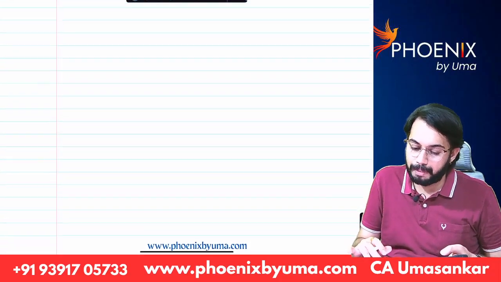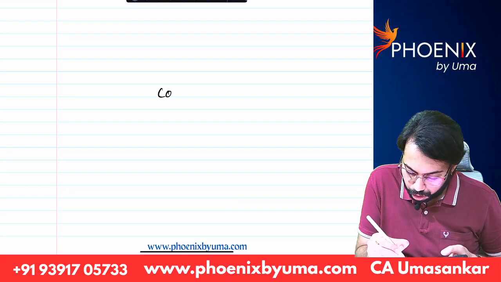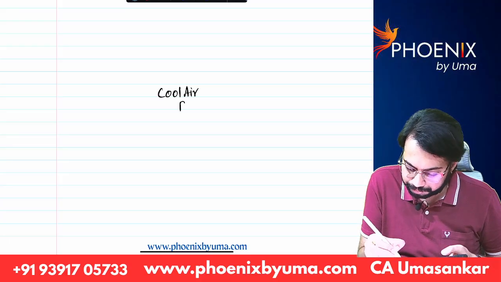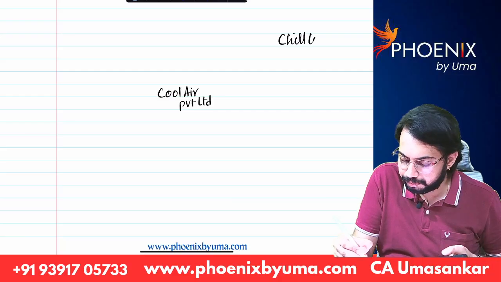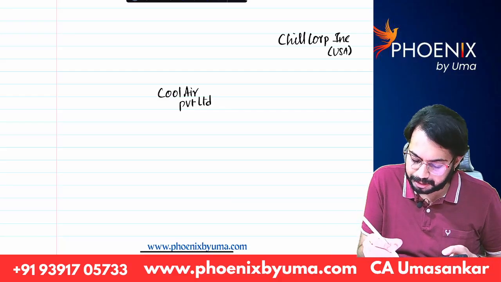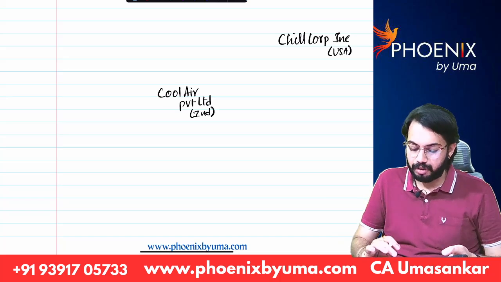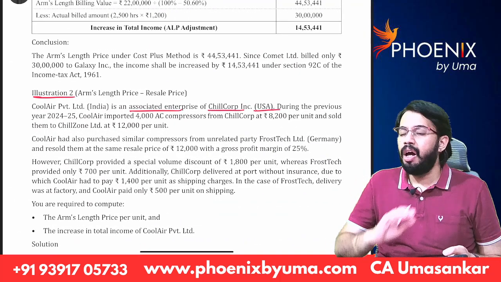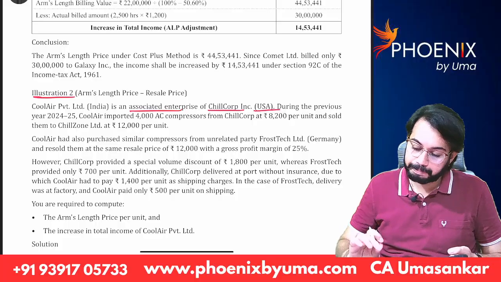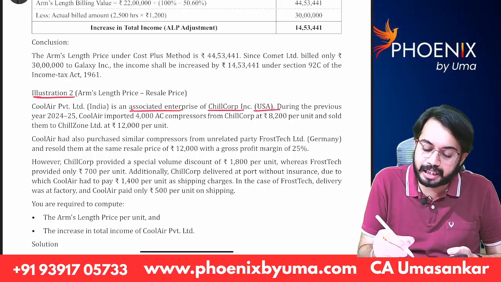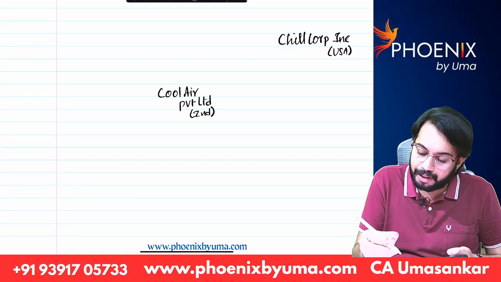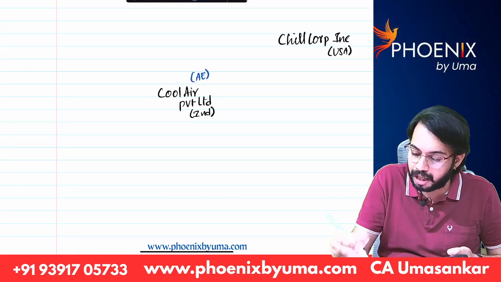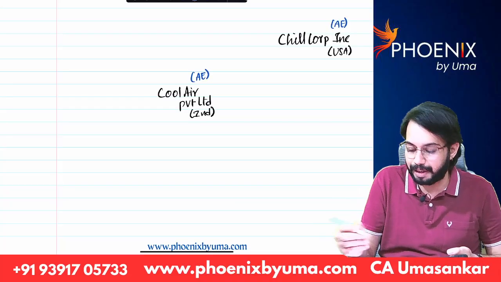So there are two companies: Cool Air Private Limited and Chill Corp Inc. This one is based in USA and this one is based in India. In the question itself, it was said both are associated enterprises.